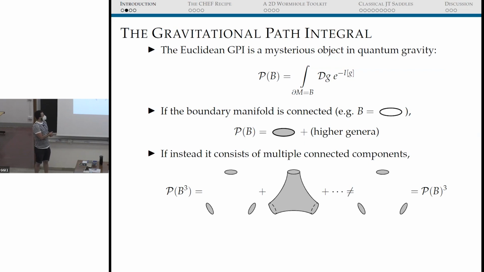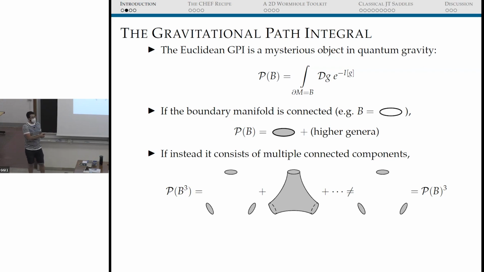And so we would have the obvious contribution of just three disks in the case in which we have three circles, but we would also consider situations where we have a connected wormhole that joins all three boundaries. We can also have partially connected wormholes. We can have wormholes with holes, handles, whatever. The point is we don't only get this contribution.